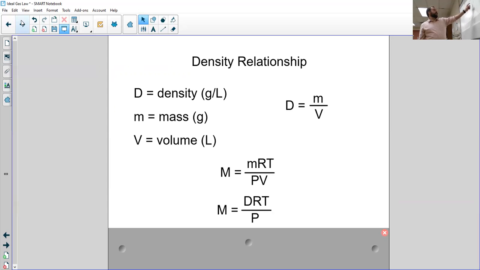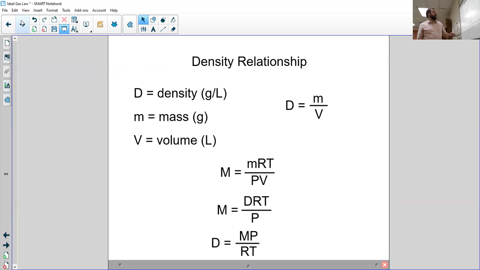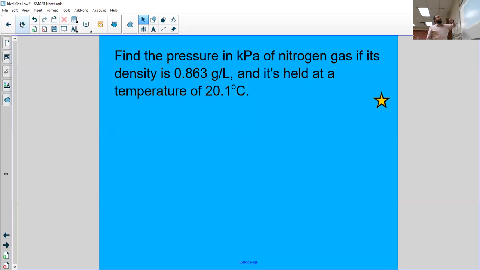So we rearrange our equation and we get D over V. The V's will cancel out. And then rearranging for density, we get density equals molar mass times pressure divided by the gas constant times temperature. So we'll do a couple problems with this in class. Write this down in your notes.